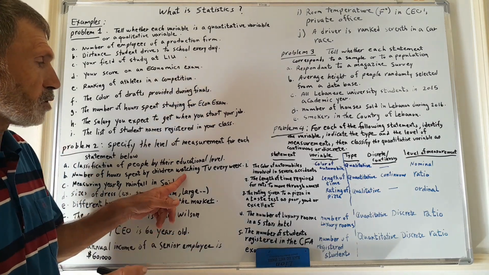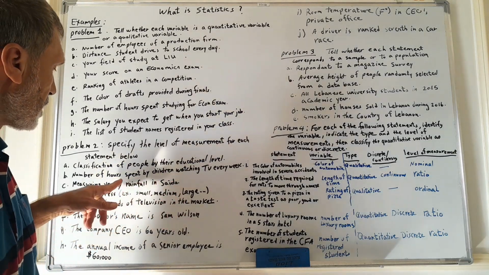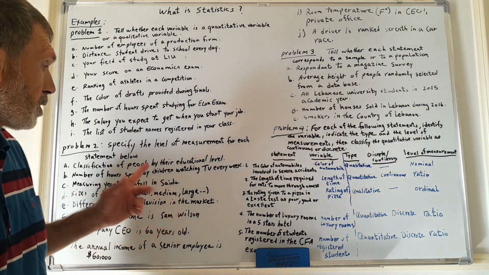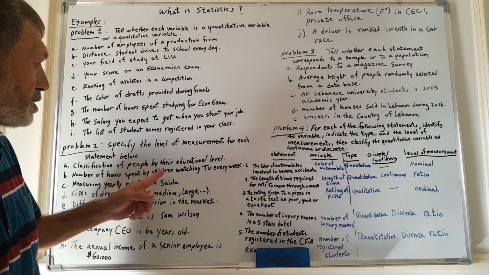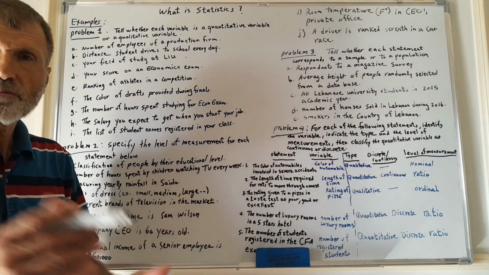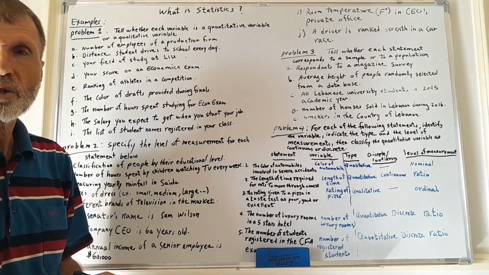So we're talking about the ratio level of measurement, because we could say that the number of hours spent by children watching TV every week is 0. And 0 is meaningful when you talk about the ratio level of measurement.